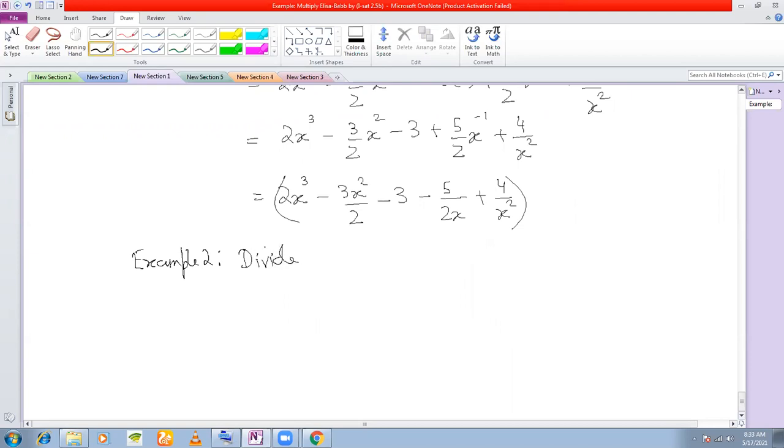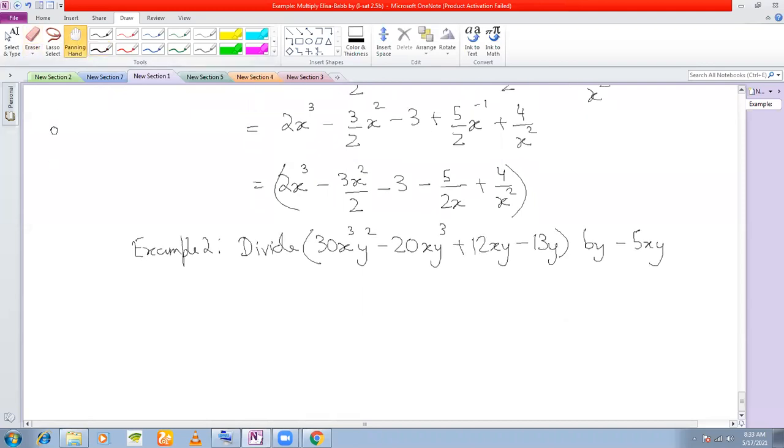The question here is divide 30x cube y square minus 20xy cube plus 12xy minus 13y. This is the expression. You need to divide this by minus 5xy.